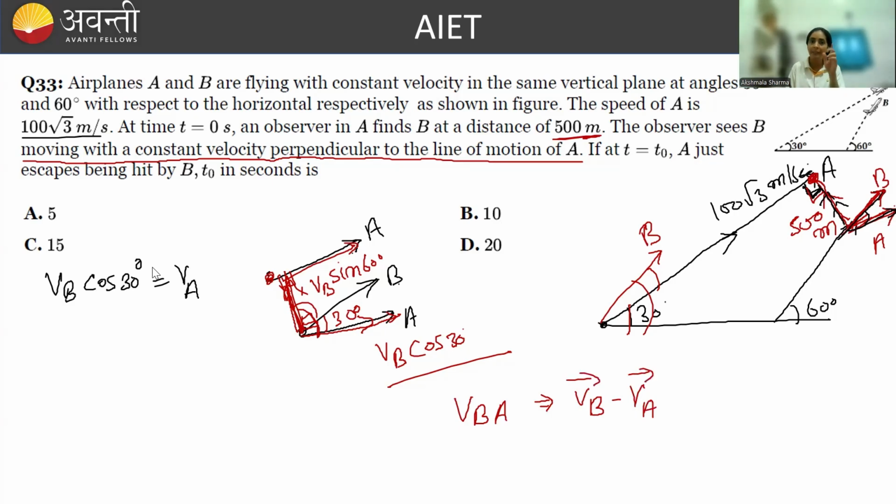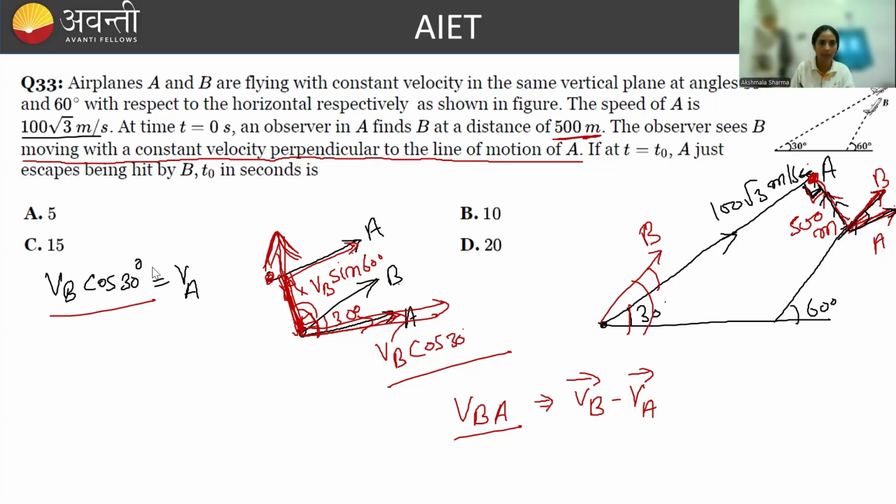So if we do it in two directions, we are given that the relative velocity is along this direction. It is given in the question. It means the relative velocity in this direction is 0. That means in the direction of A, the velocity of B and the velocity of A are the same. That is, VB cos 30 is VA. That is why I did this.